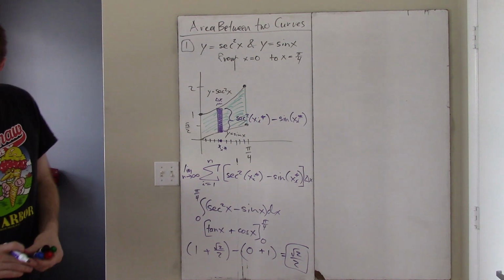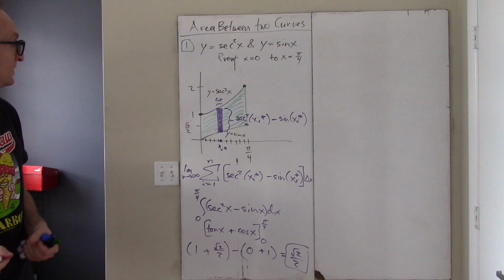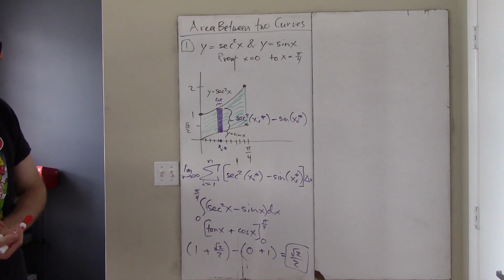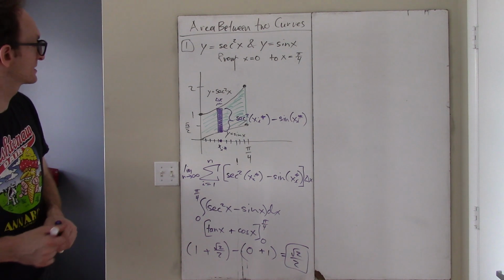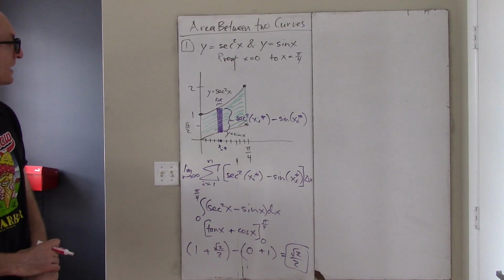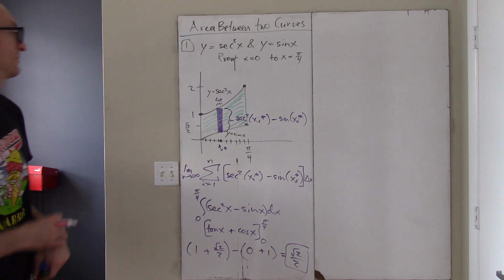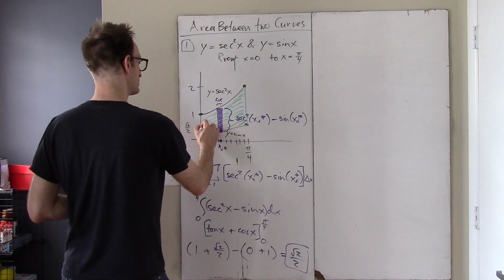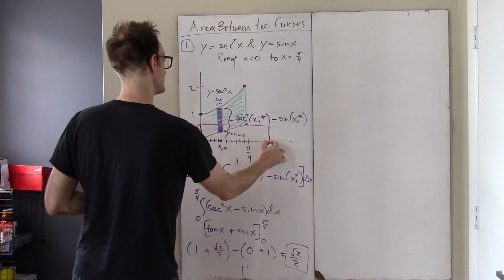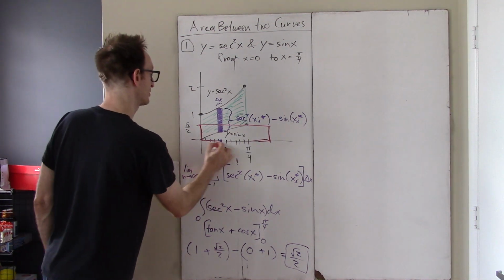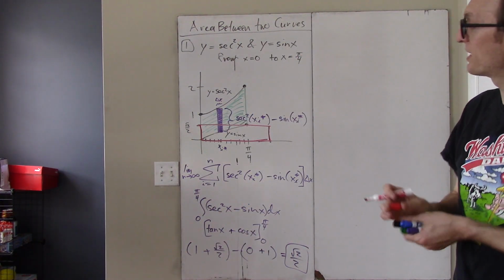Is that answer reasonable? I guess so. This graph is sort of not to scale, but if this is root 2 over 2 and 1 is out here somewhere, it's not totally crazy that this green thing would have the same area as this red thing, so that's plausible.